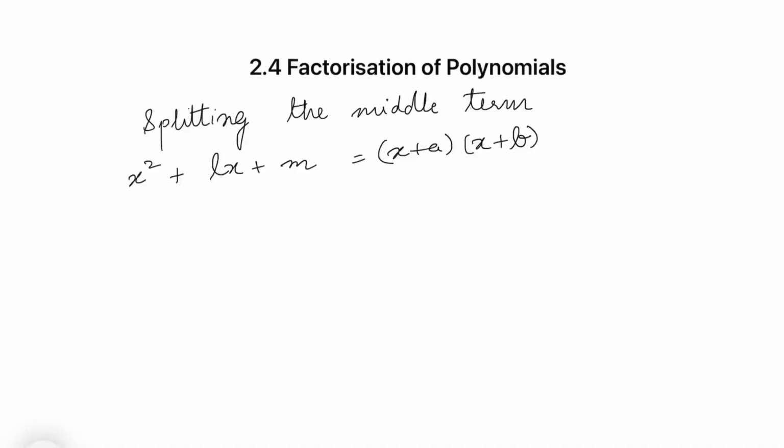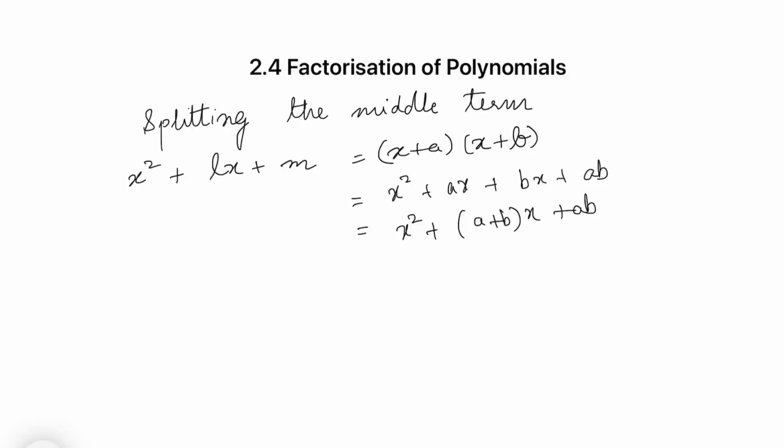Let's factorize polynomials by splitting the middle term. If we denoted a polynomial x squared plus lx plus m in the form of two of its factors x plus a multiplied by x plus b, it basically means that x squared plus ax plus bx plus ab, which also means x squared plus (a plus b)x plus ab.